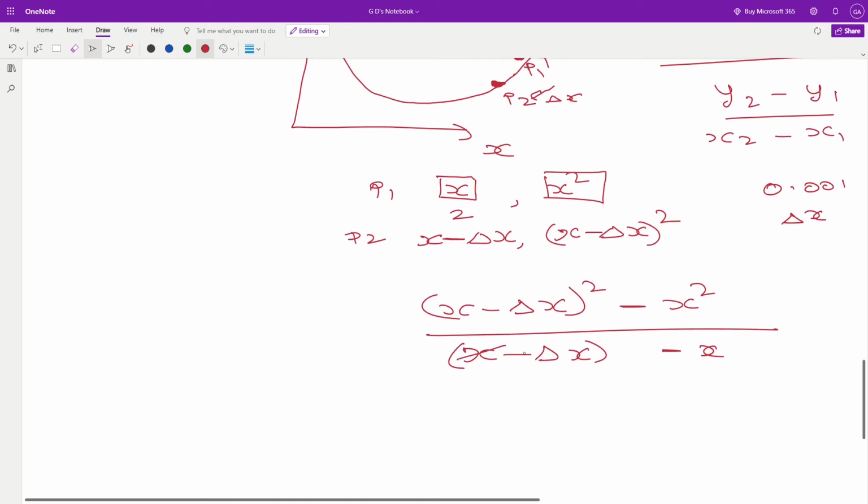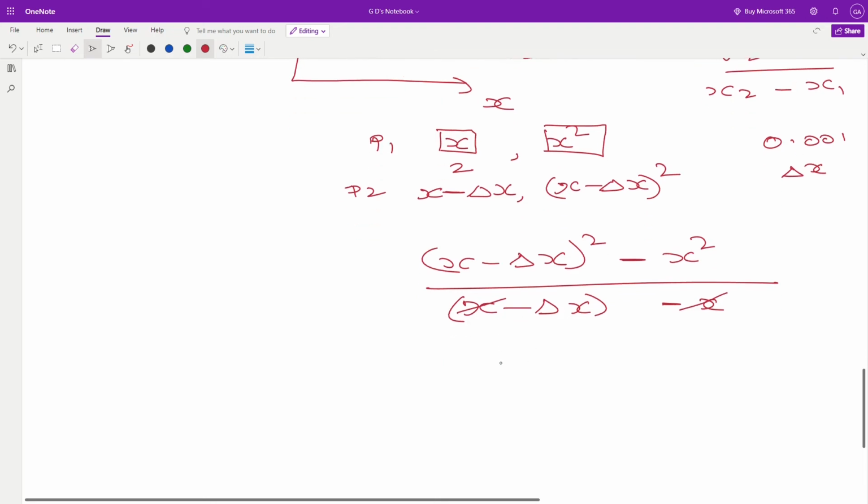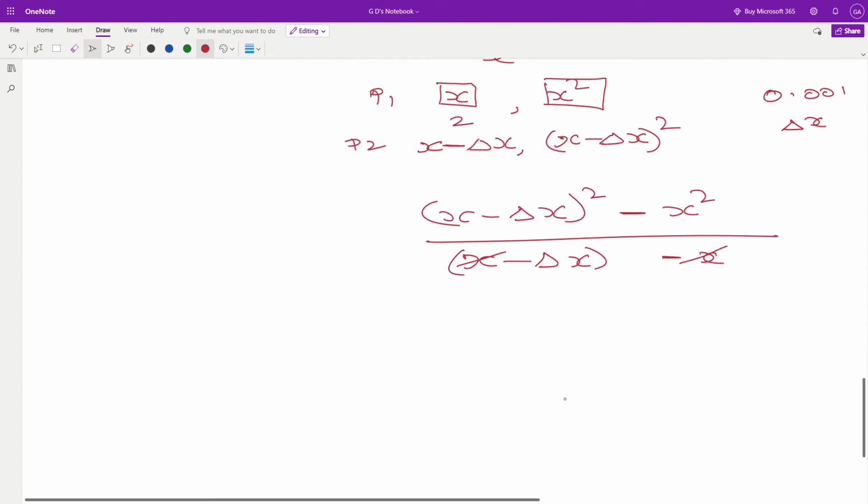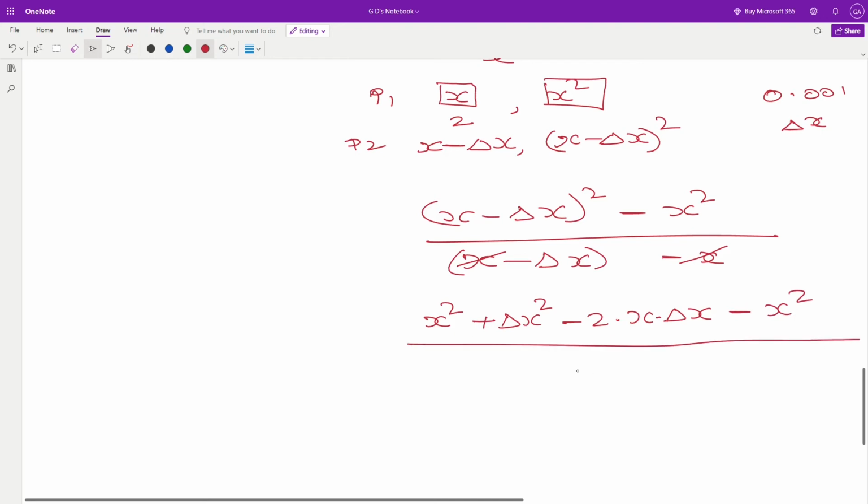So you can see here this x and this x will cancel. This is nothing but (a minus b) whole square, so we can say x square plus delta x square minus 2 into x into delta x, minus x square, divided by minus delta x.